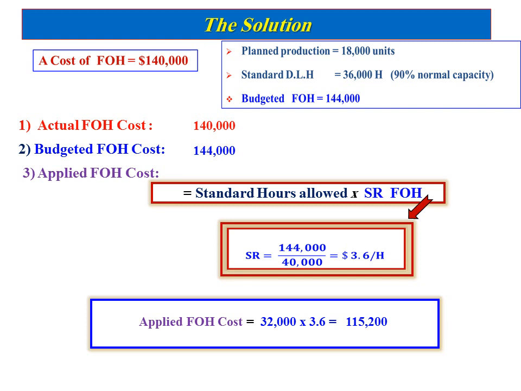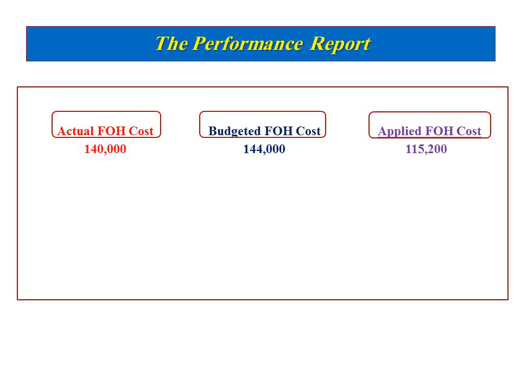If I have actual, budgeted, and applied, I can prepare my performance report. This is my performance report for fixed overhead. Actual 140, budgeted 144, and calculated applied fixed overhead 115,200.